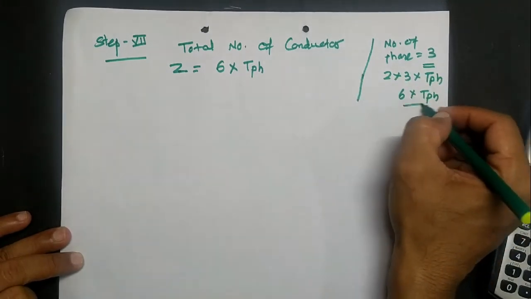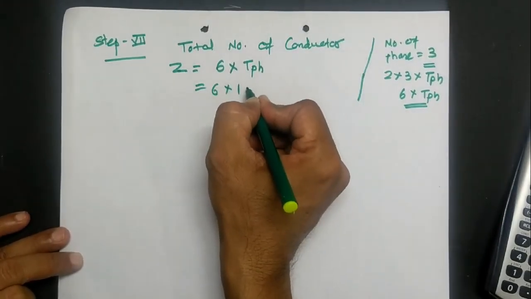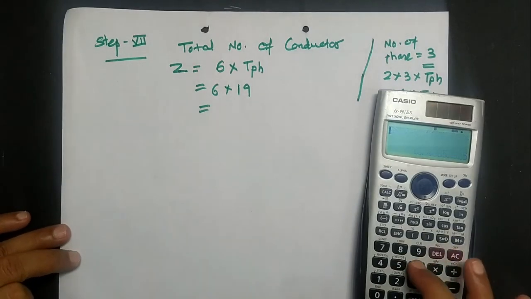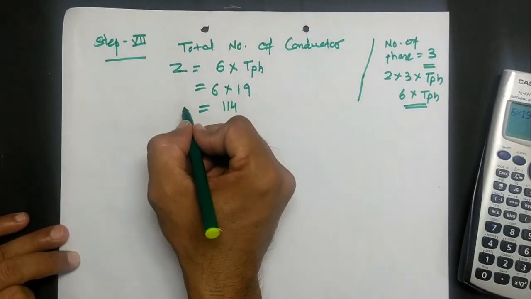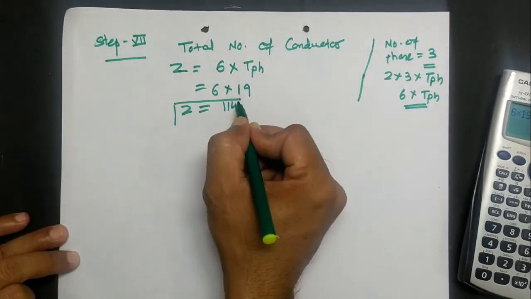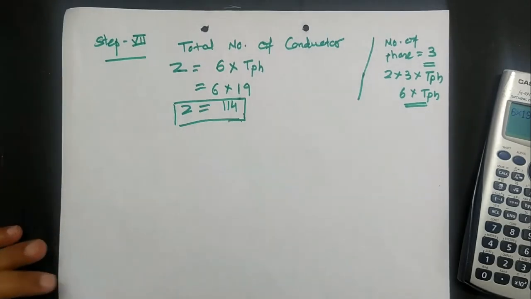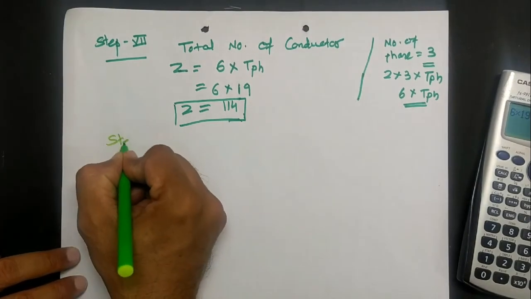This way we can directly use this equation. So 6 multiplied by 19 comes to 114. So the total number of conductors we have calculated is 114.